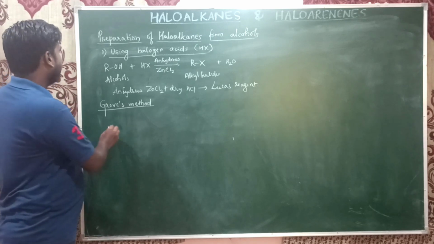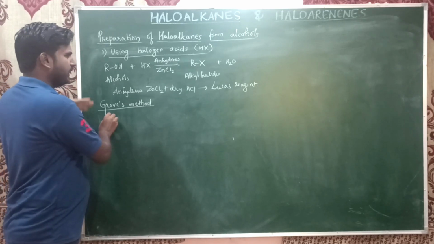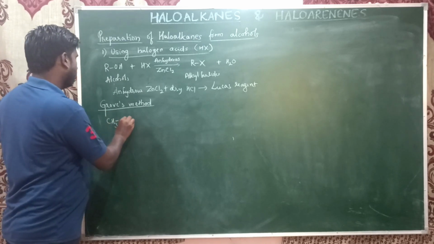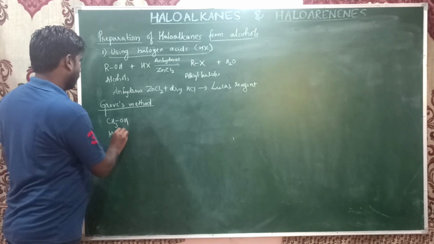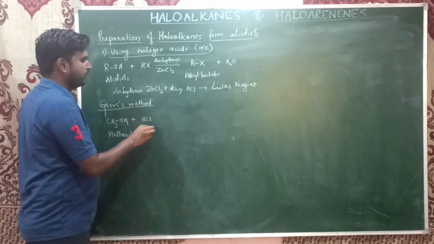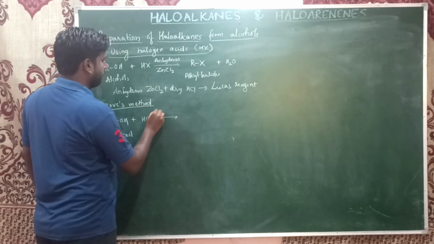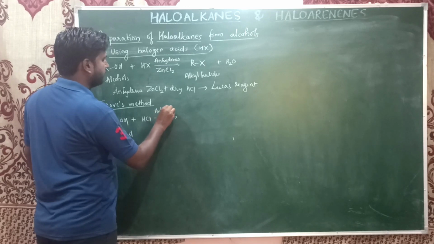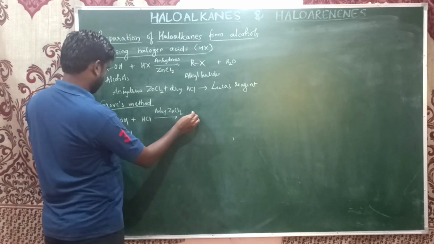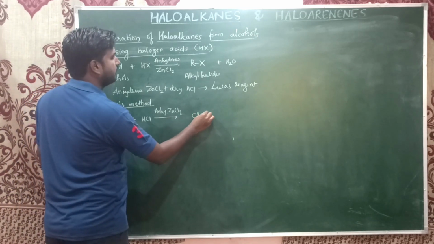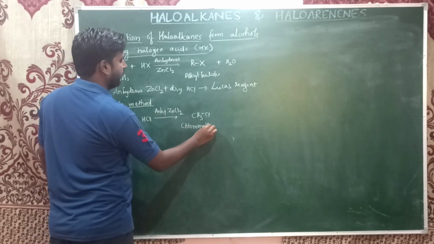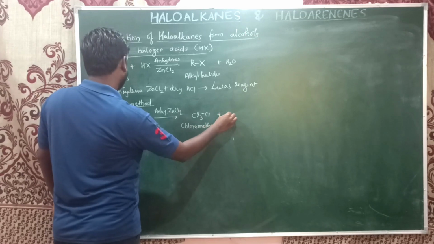Let me take an example, because we have the general reaction over here. Methanol, CH3OH, when treated with HCl in presence of anhydrous zinc chloride, is converted into CH3Cl, chloromethane or methyl chloride, with the elimination of water.